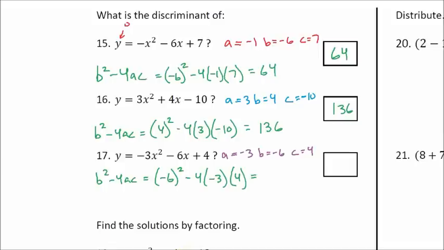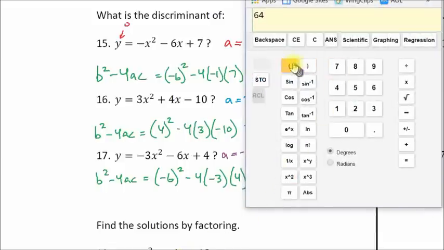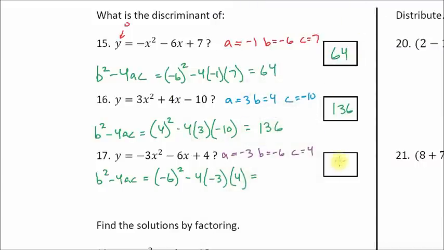Let's put that in our calculator just to practice. So I've got parentheses -6, parentheses squared minus 4, parentheses -3, parentheses 4 equals, and I've got 84. So there's your practice of finding discriminants.